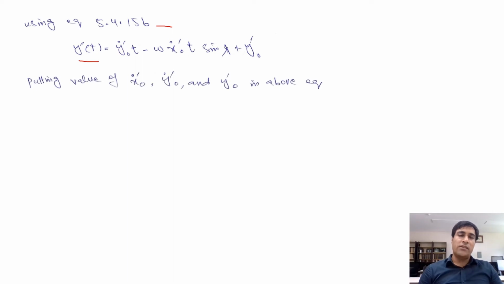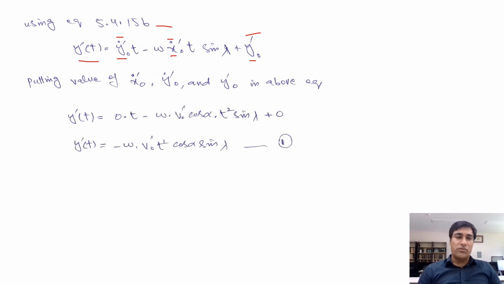As we did in the previous problem, we will simply put in the values of the velocity components x dot dash and y dot dash, and the position y dash.